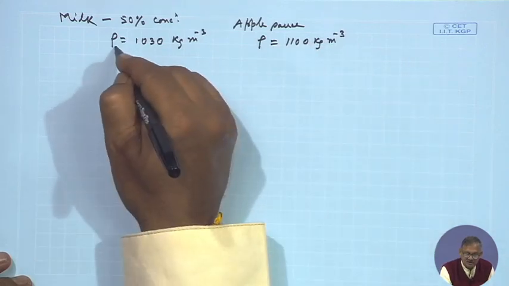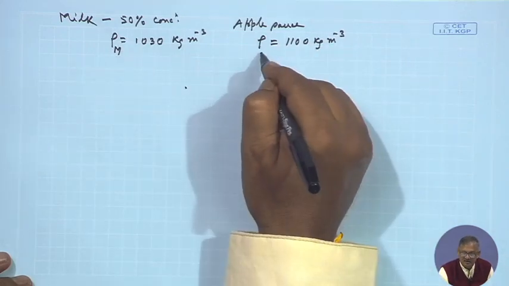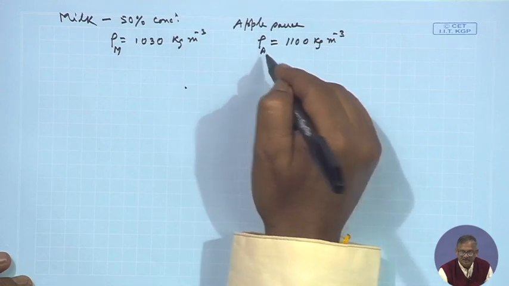So, let us write rho milk and rho apple.